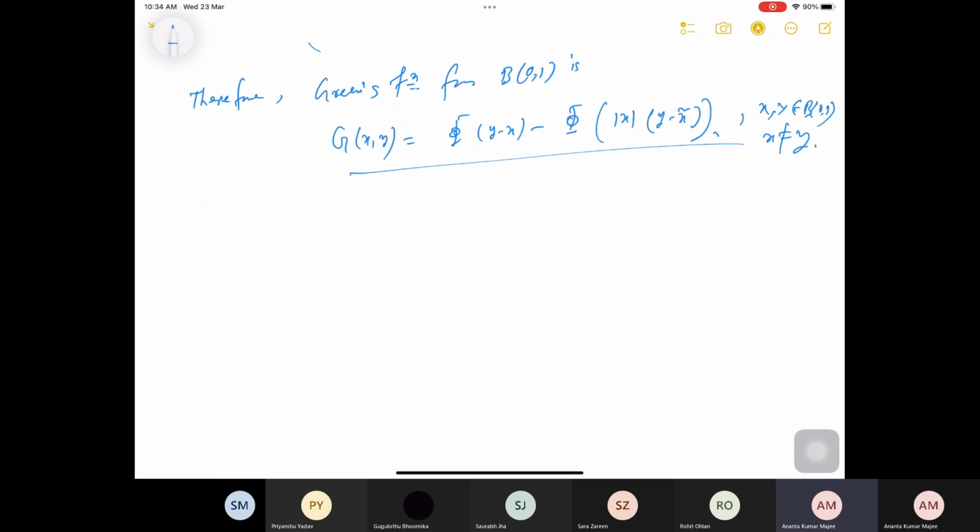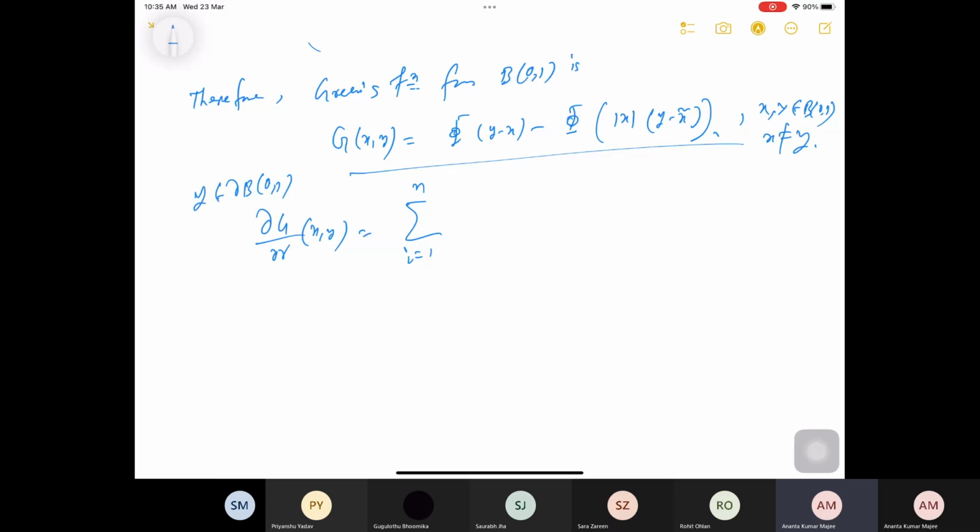Now you check what is ∂G/∂ν at (x,y) whenever y is in ∂B(0,1). This is summation over i equal to 1 to n. Now what is the outward normal in this case?